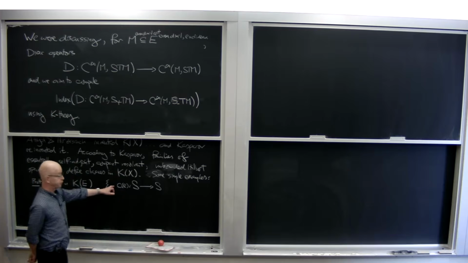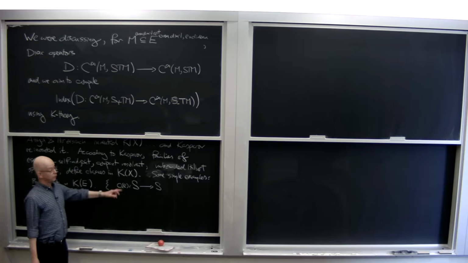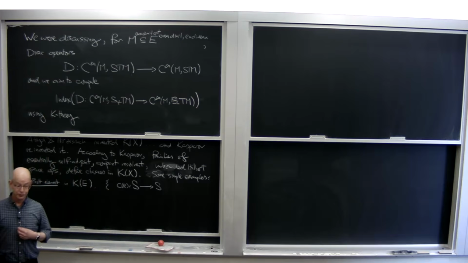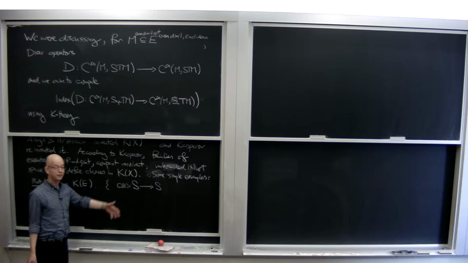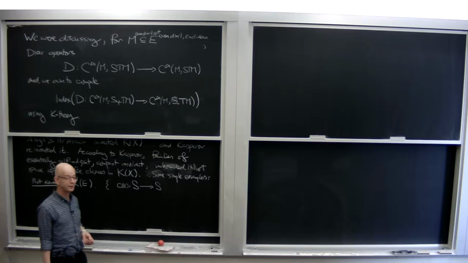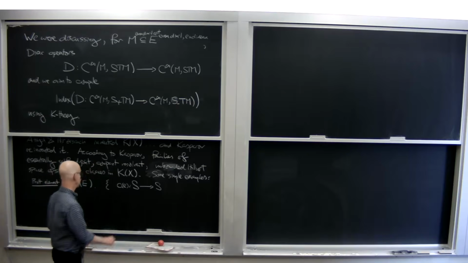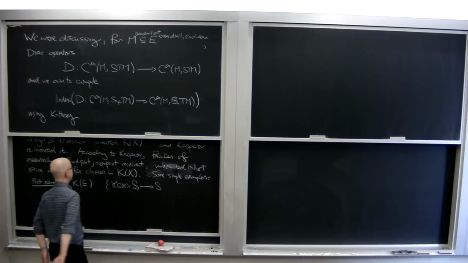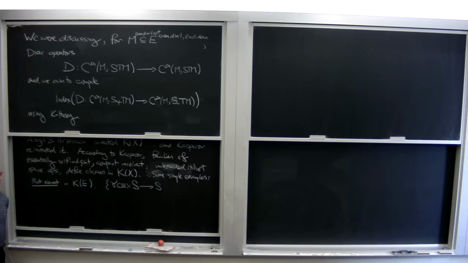And I left a little bit of space here because according to our axioms, C of E is skew adjoint, whereas Kasparov wants to consider self-adjoint elements. There's not a big difference between skew adjoint and self-adjoint. You can always multiply by the square root of -1. It's a little better to multiply by the grading operator like this.